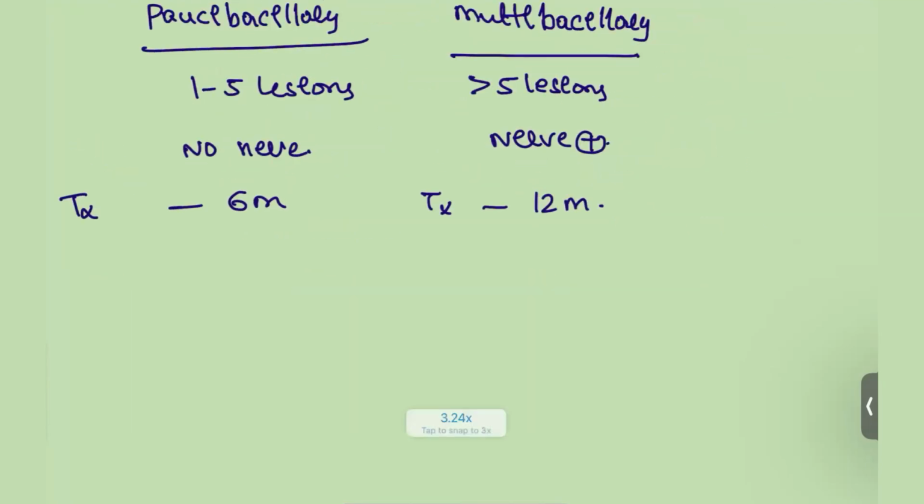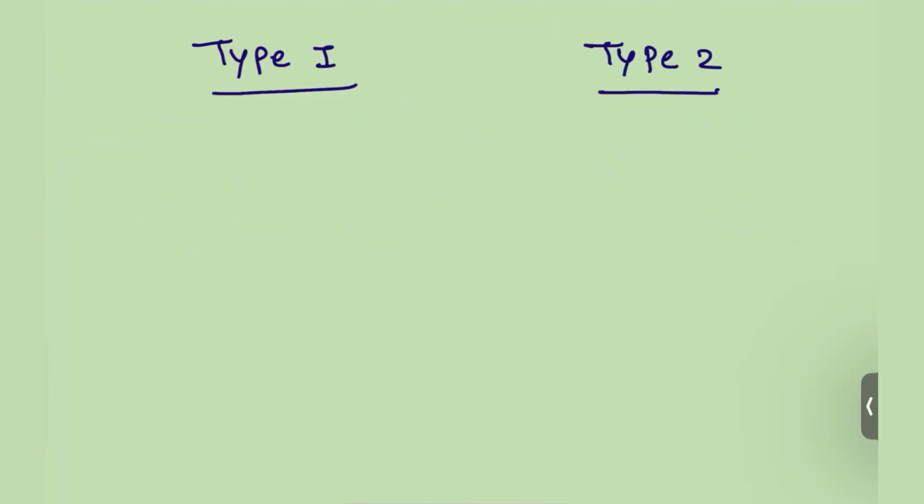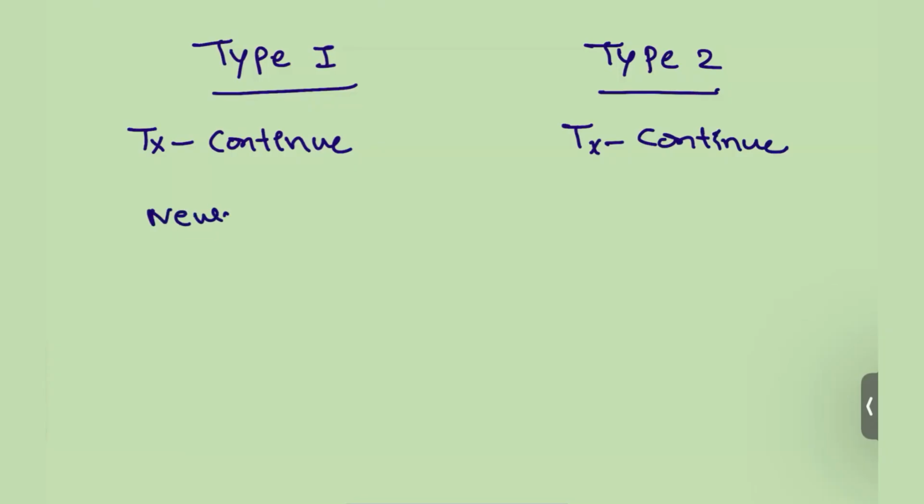All right. Next, moving on to the reactions. Type 1 versus type 2 lepra reactions. Both are associated with the treatment, so continue the treatment. Here also treatment should be continued regardless. Next, what is the presentation? Type 1 is associated with neuralgia, so painful lesions will be seen.